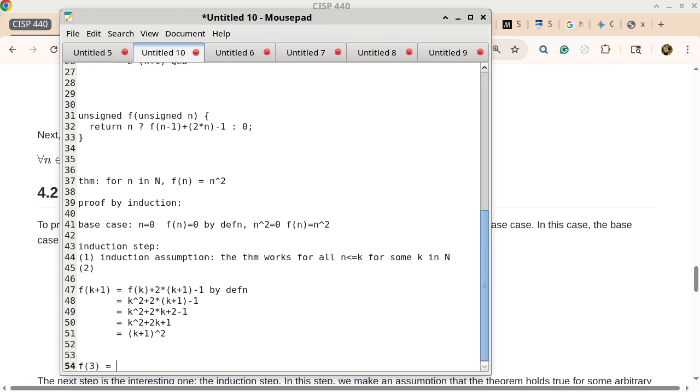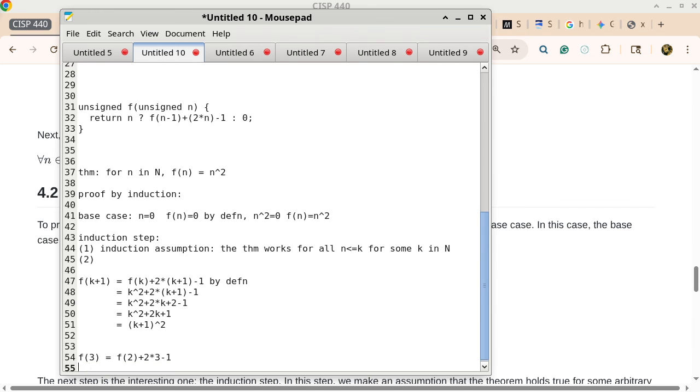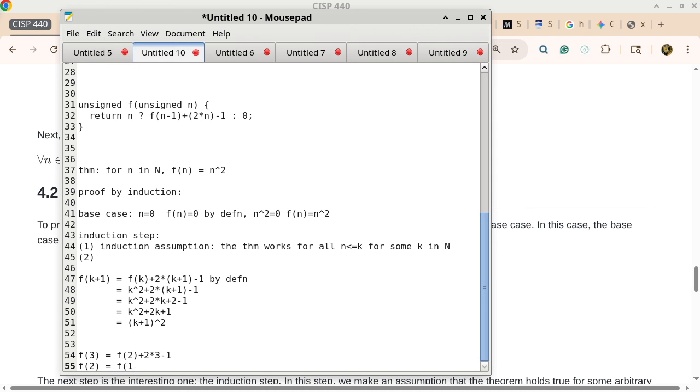So f of 3 is okay. So when you plug in f of 3, we go by the definition here because 3 is non-zero. So now it is f of 2 plus 2 times 3 minus 1. Does that make sense? Yes. F of 2 is f of 1 plus 2 times 2 minus 1.